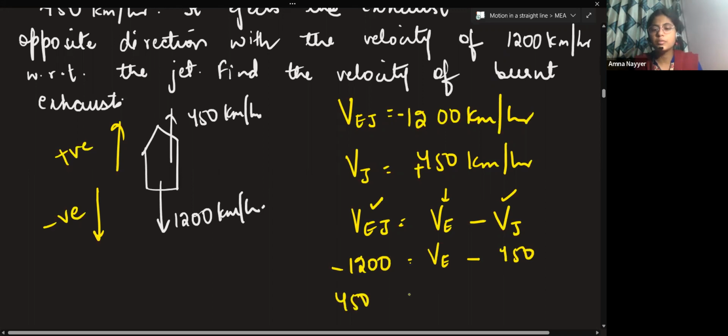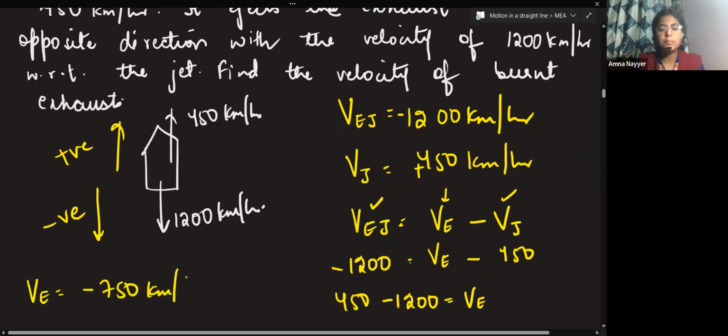This becomes 450 minus 1200, which is equal to VE. So VE becomes minus 750 kilometer per hour, and I took downwards as negative, so minus shows downwards direction. That's how a complete vector is written in one dimension. All right, so those who did not write, just note it down. We'll do one more question after this.